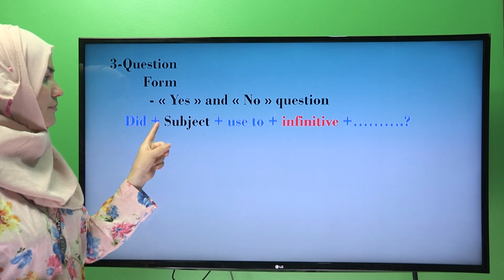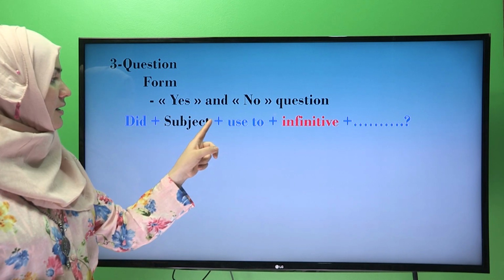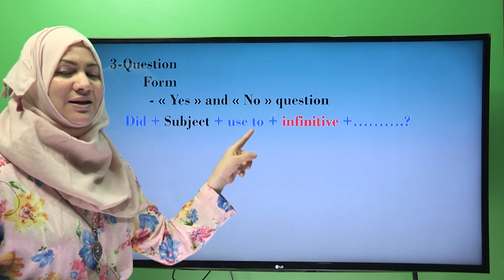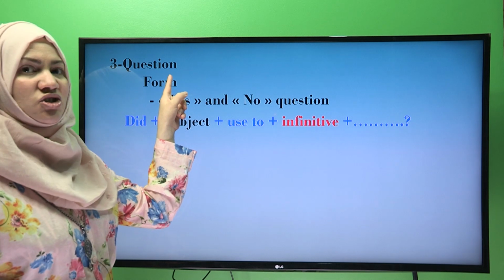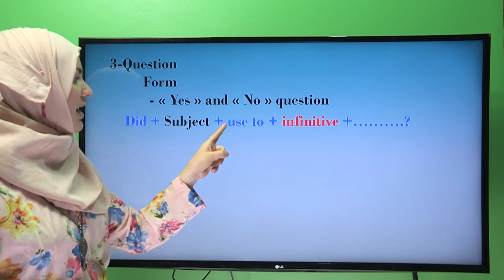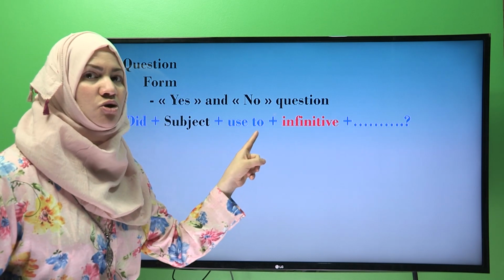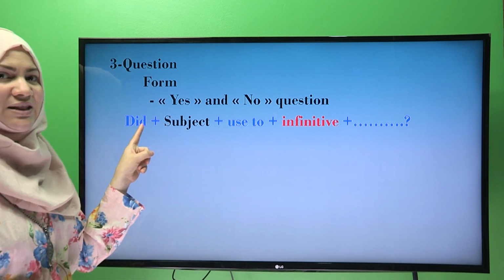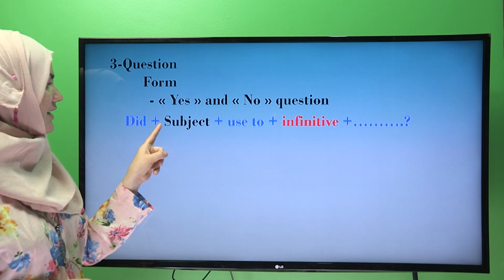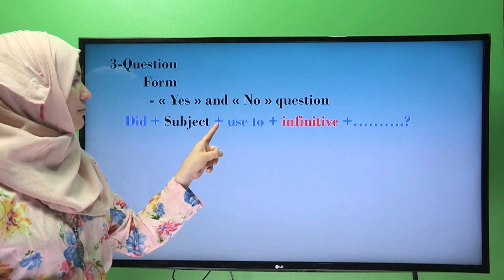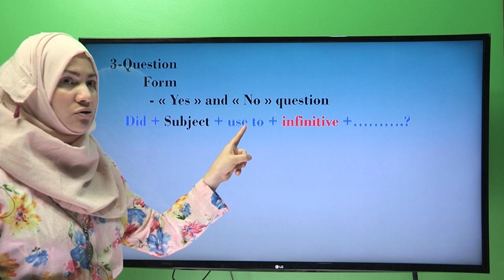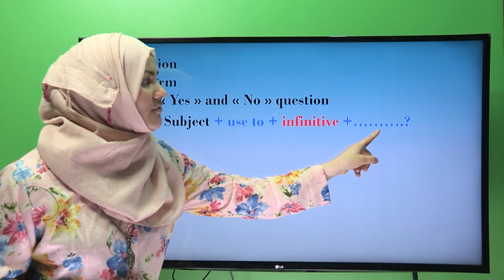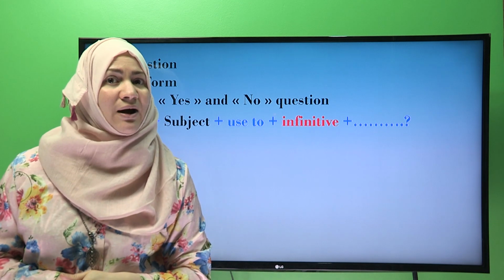Did plus subject plus use to. The same thing as the negative form. We have to put only use to, we don't say used to because we have did. Did plus subject plus use to plus infinitive plus the rest of the sentence and question mark.